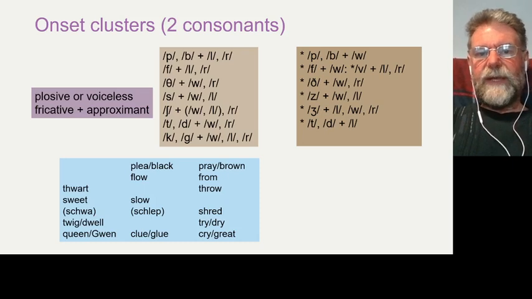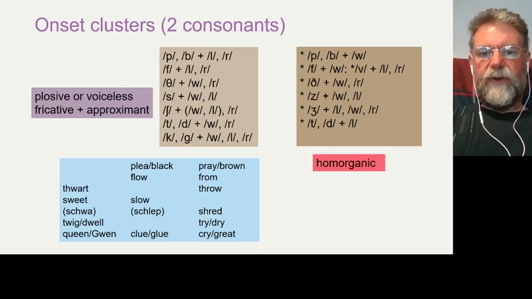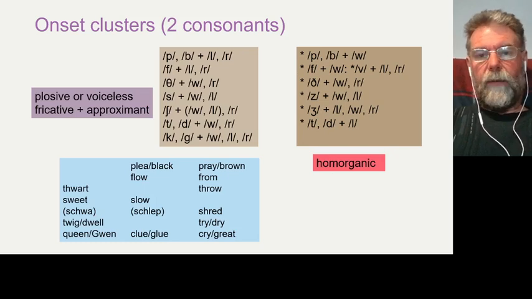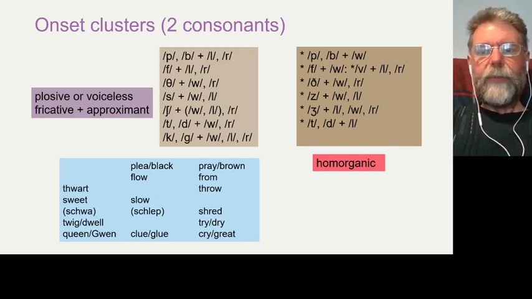So there seems to be a restriction on producing these things in the same place, or what is sometimes referred to as homorganic. Something is homorganic if it's produced in the same place. So p and b and w are homorganic phonemes.